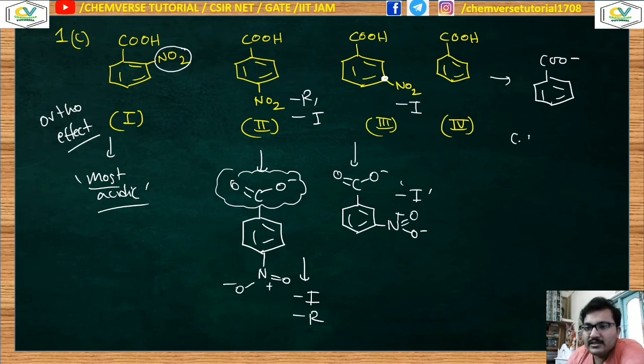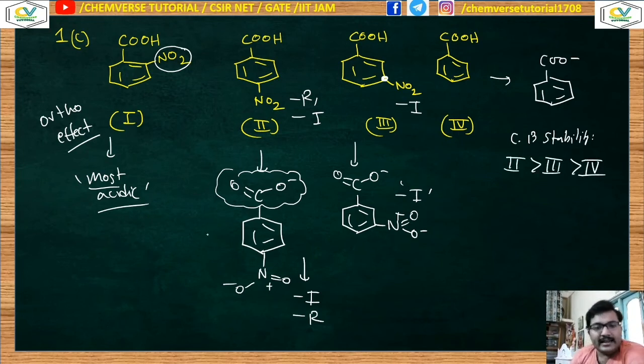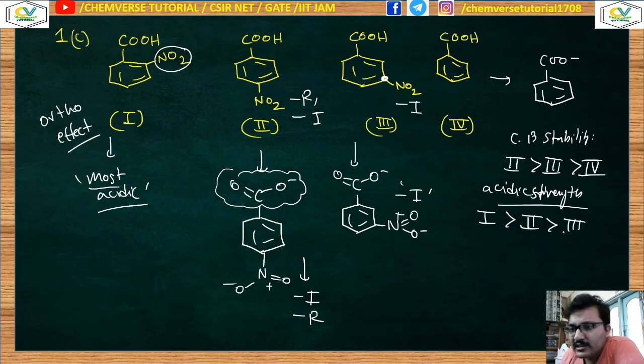So the conjugate base stability will be 2 greater than 3 greater than 4. And what will be the order of acidic strength? Acidic strength will have the order: 1 is the most acidic due to the ortho effect, then 2, 3 and 4. 1, 2, 3, 4.